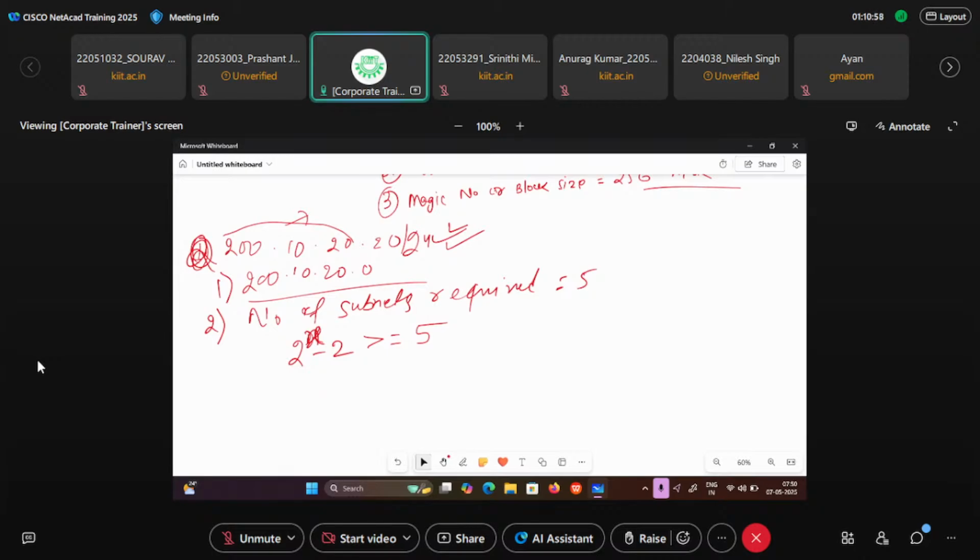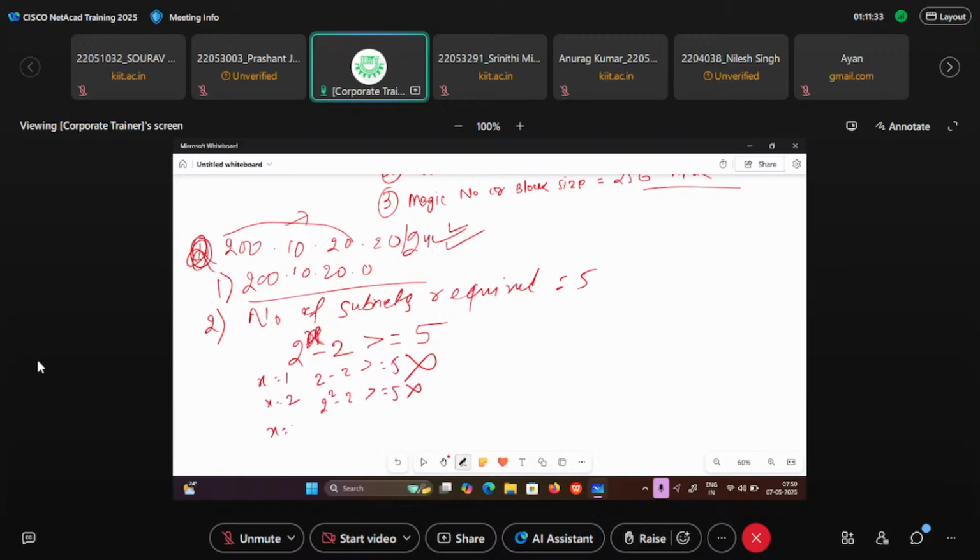So what should the x value be? If x is 1, 2 minus 2 is not greater than or equal to 5.